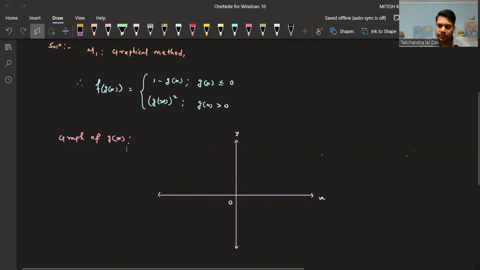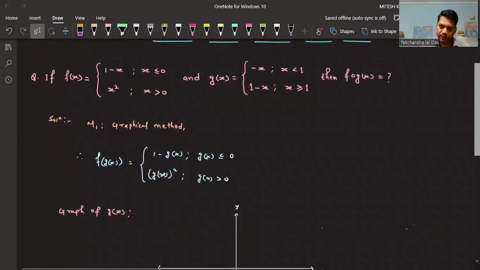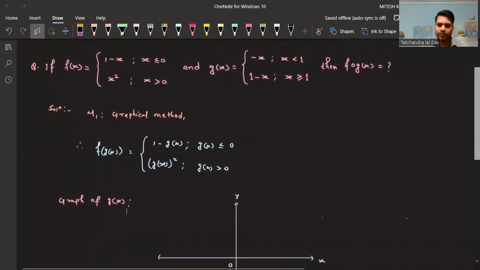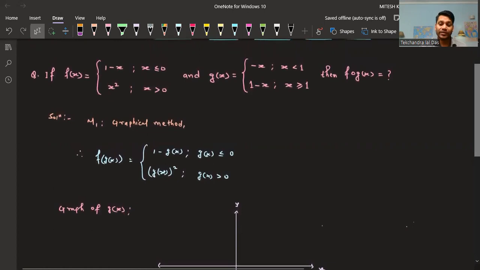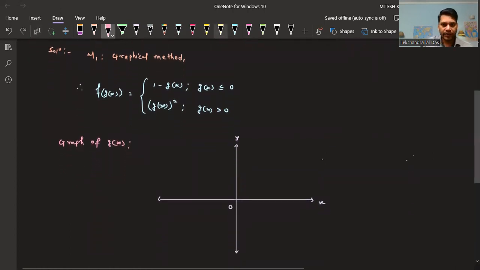Let's review the g function once. The g function is minus x for x less than 1 and 1 minus x for x greater than or equal to 1. This function is defined about the line x equal to 1, clearly. So we'll draw the line x equal to 1. Let's take this line as x equal to 1. So this point is (1, 0).